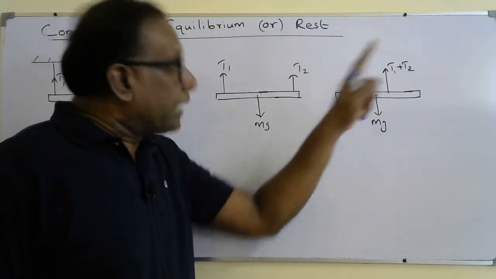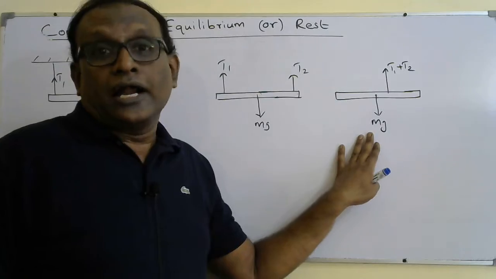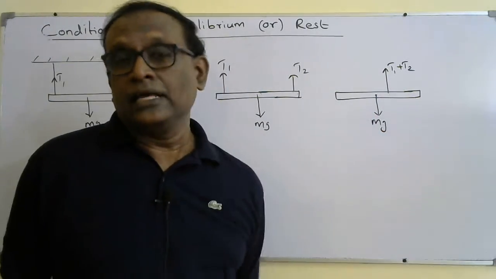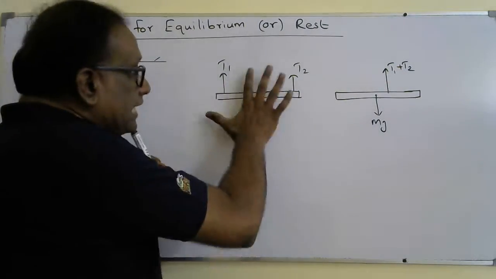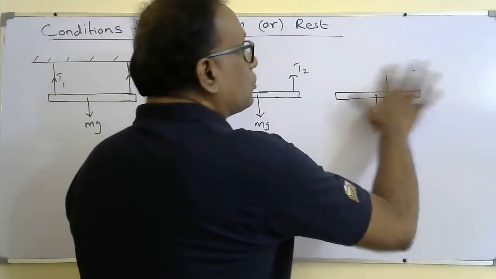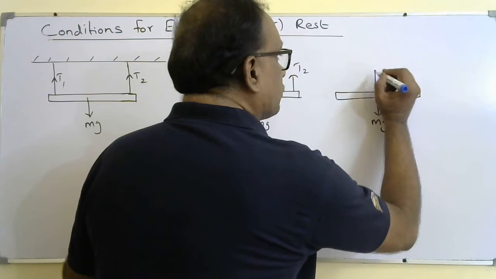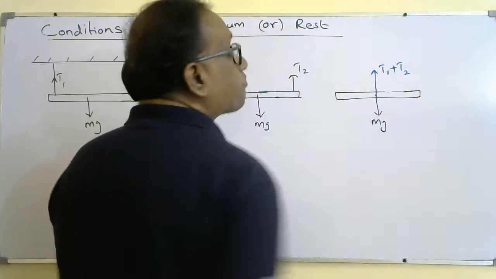That T1 plus T2 can be same as mg in terms of numerical value, but if they act at some other point, then it will rotate. So the condition: if the system is at rest, then T1 plus T2 must act along the line of action of mg. So T1 plus T2 should act along this direction.